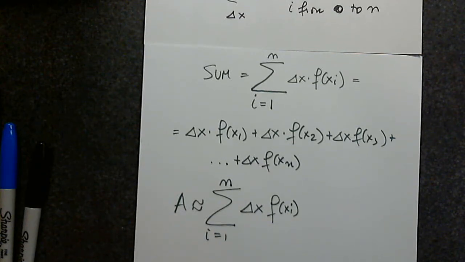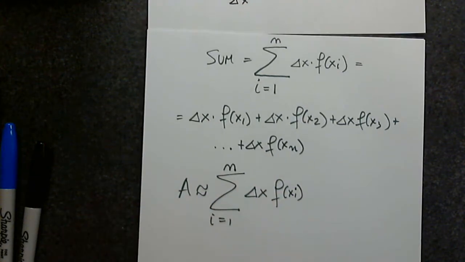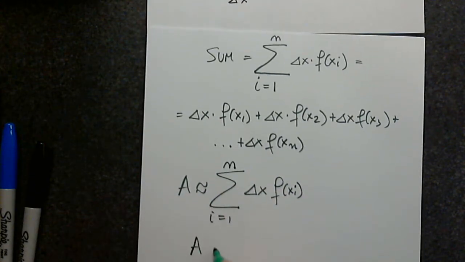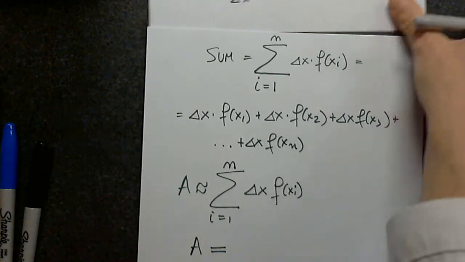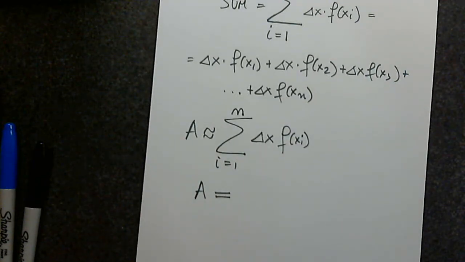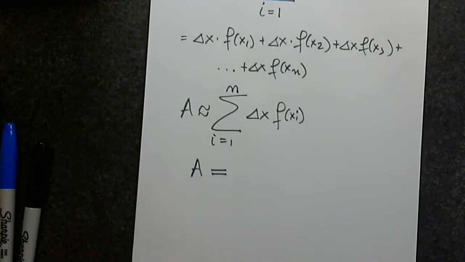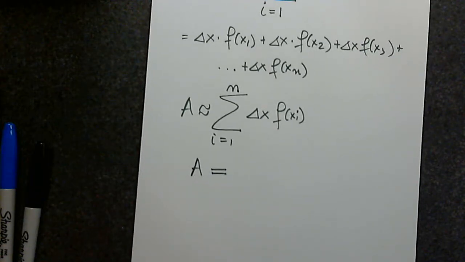And I'm missing one last piece. I want to change this symbol into this symbol. Let's think for a moment. I don't want any approximation. I know I have 2 subintervals, and then 4, and then 6, and then 8, and then 16, 32.